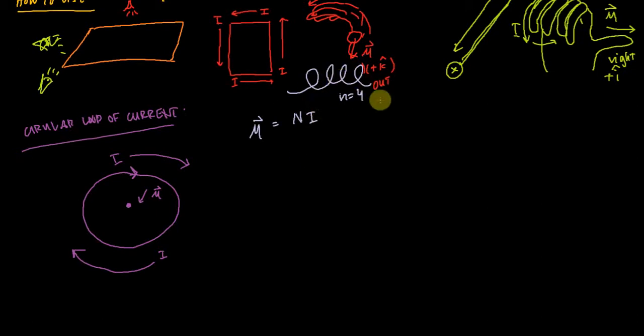In this case, if we've been looking at just one loop, n would equal 1. So n times I, the current flowing through the loop of wire, or the coil, and then times something called the area vector. So this is the direction of the quote-unquote area.